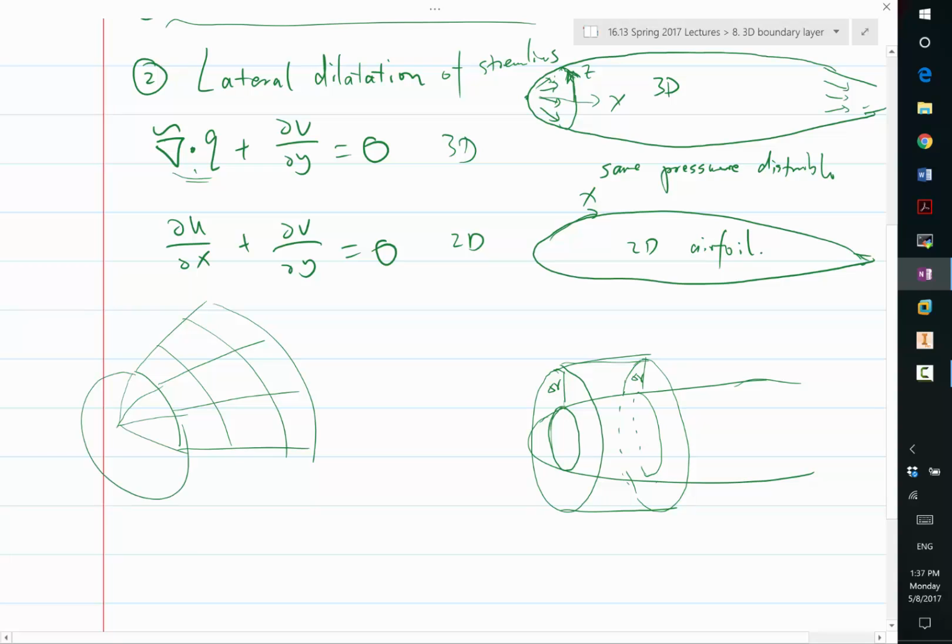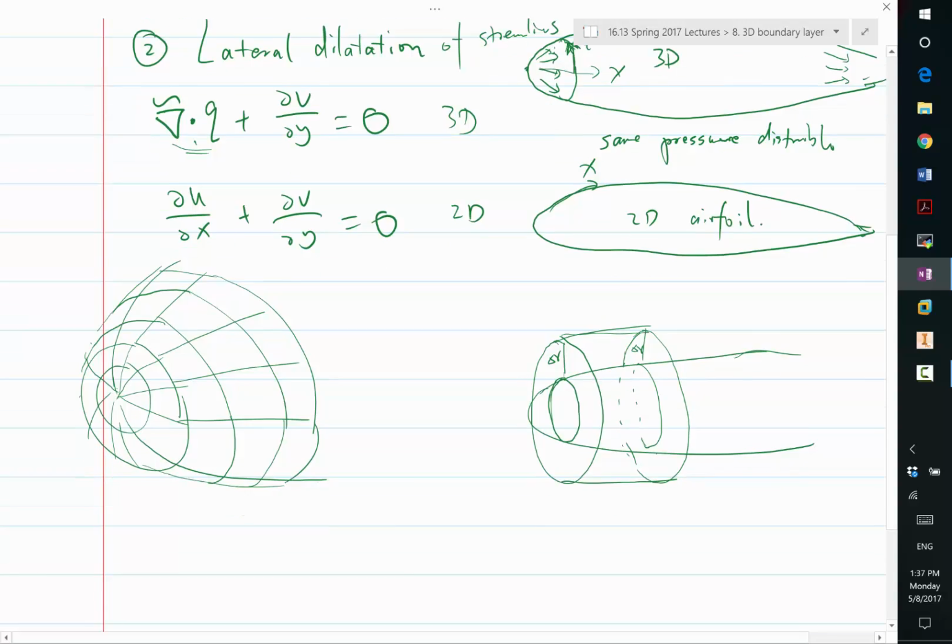You have a surface that goes out like that. This is the nose of my submarine.